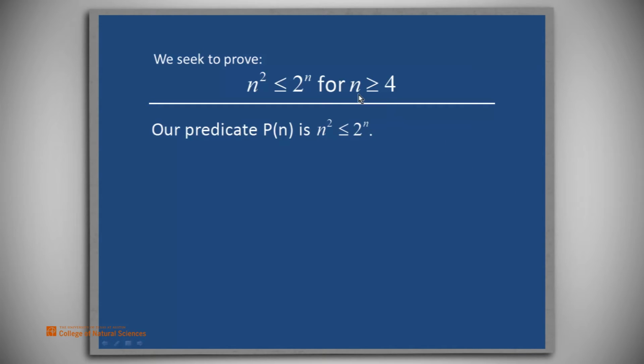We see that this is to be true for integer values of n greater than or equal to 4. Our base case then is n equal to 4. Now this may seem unusual.